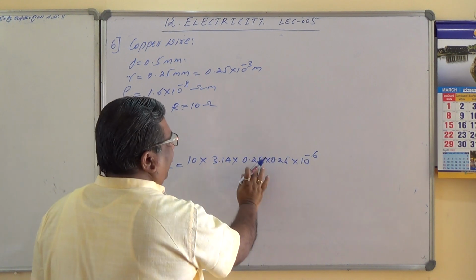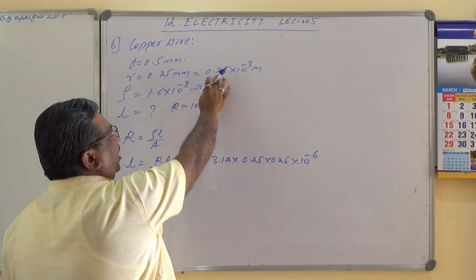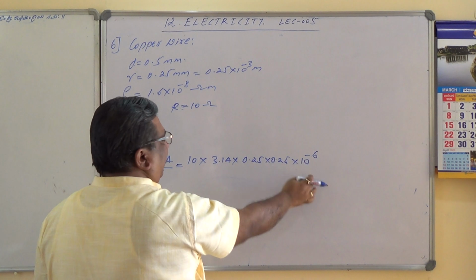So I am taking a shortcut here. R square, meaning 0.25 into 10 to the power minus 3 the whole square, is nothing but 0.25 into 0.25 into 10 to the power minus 6.